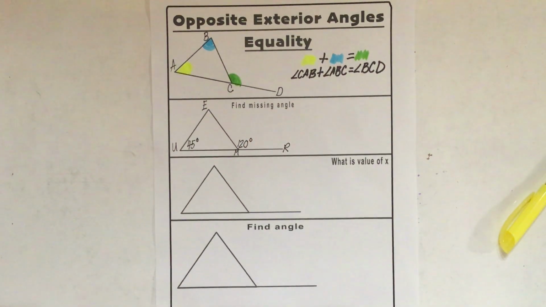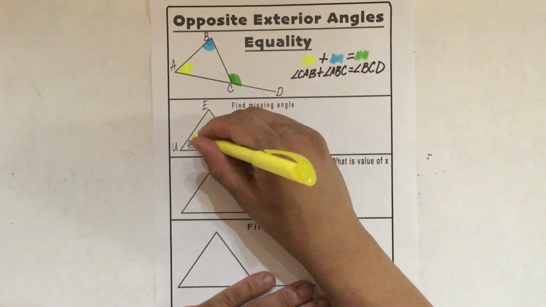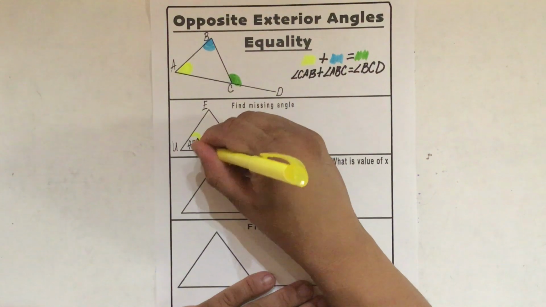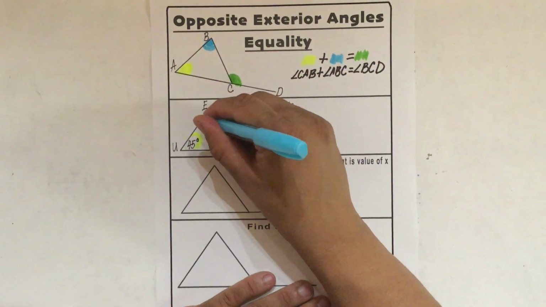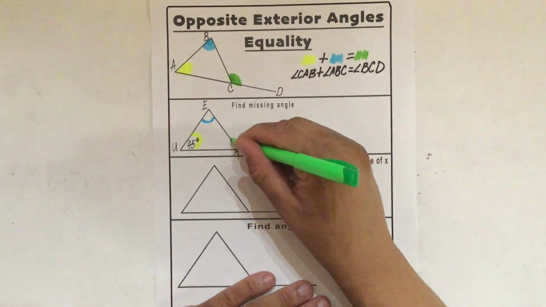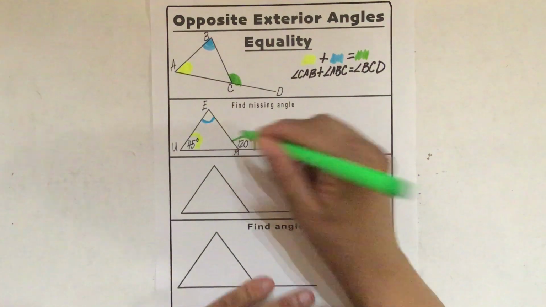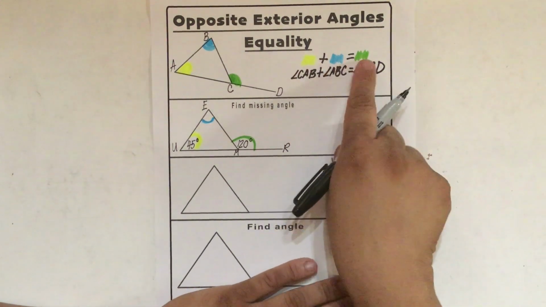So let's use our colors. This is my yellow angle. This is my blue angle. And this is my green angle. So I remember that yellow plus blue equals green.